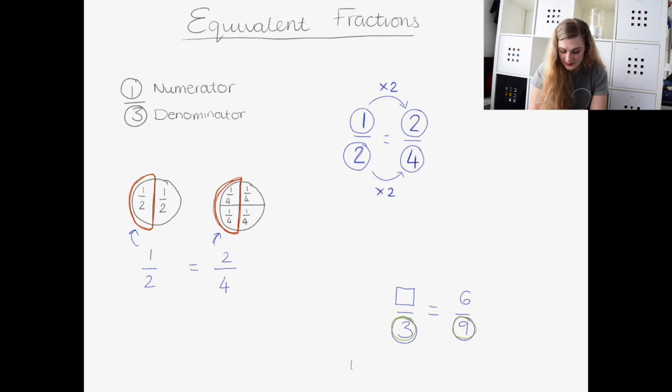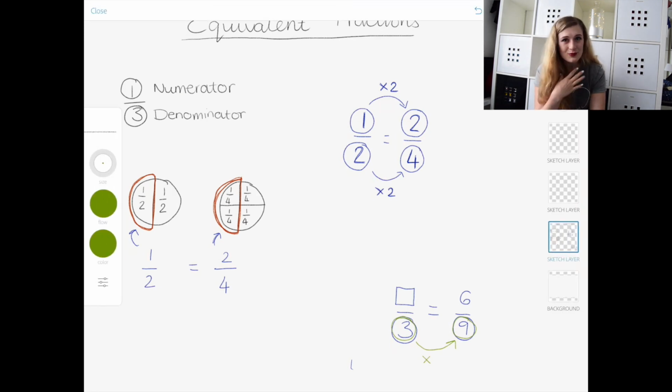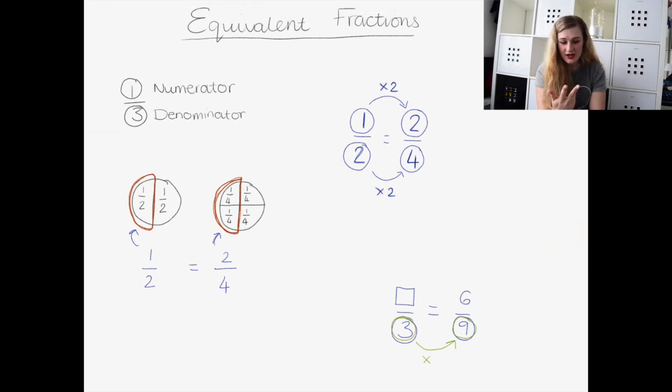What I'm going to do is I'm going to see how much we times 3 by to get to 9. So if I'm not too sure of that with my times tables, I can count it on my fingers. I'm a big fan of doing that because I think even when you're an adult or a bit older, it's still something that comes in handy. So I'm going to go 3, 6, 9, and I'm going to see that I need 3 things to times together by.